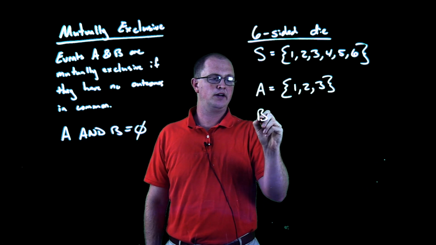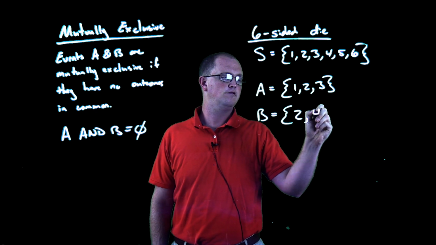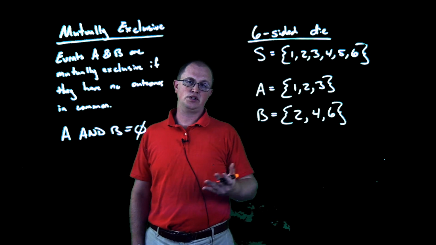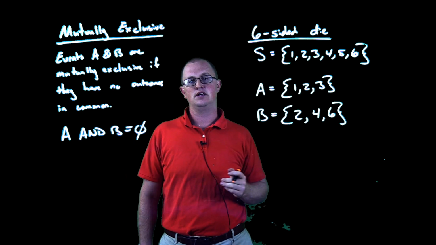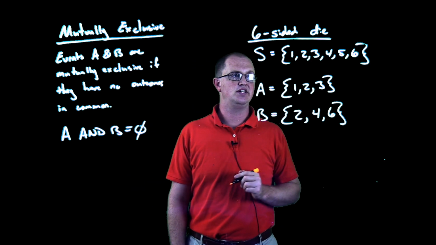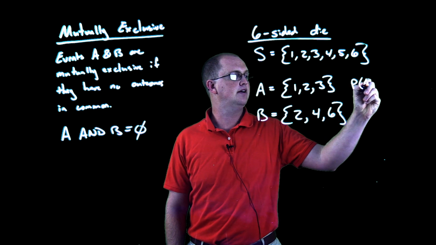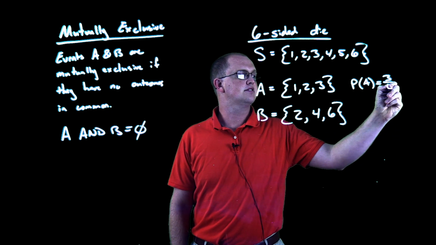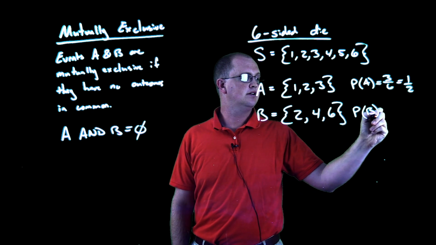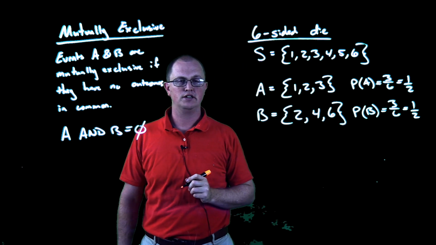And let's define B as being the event of getting a 2, 4, or 6. So event A is rolling less than a 4, and event B is rolling an even number. Then, because each of these has 3 of the equally likely outcomes, the probability of A is equal to 3/6, or 1/2. And the probability of B is also 3 out of 6, or 1/2.